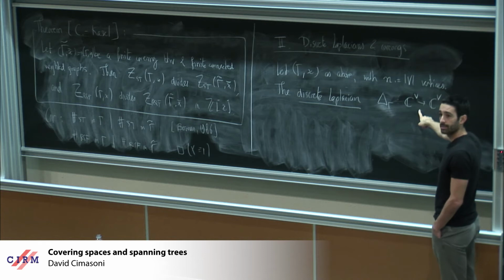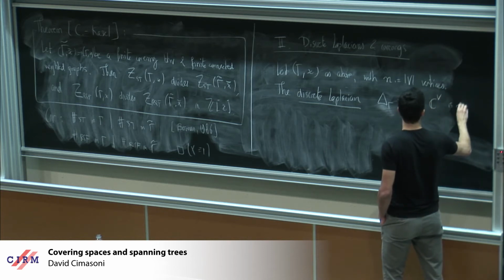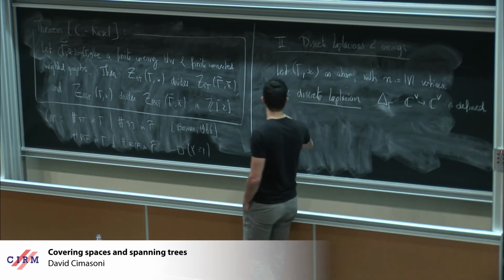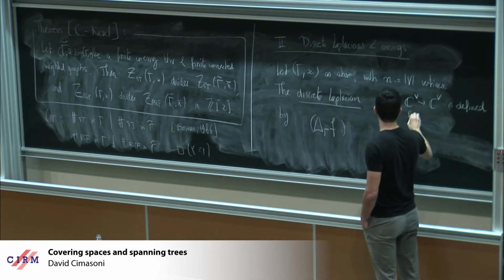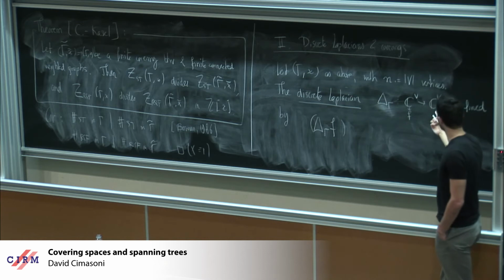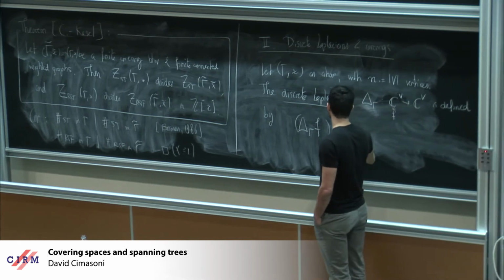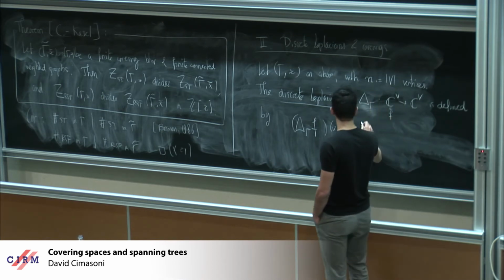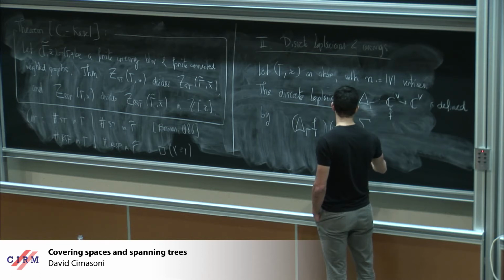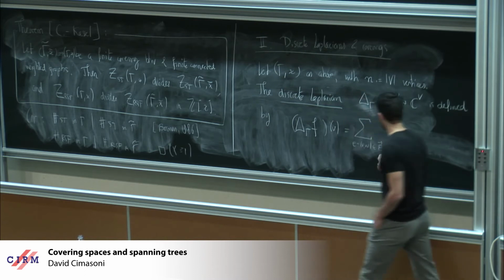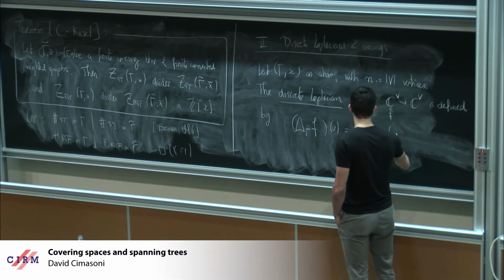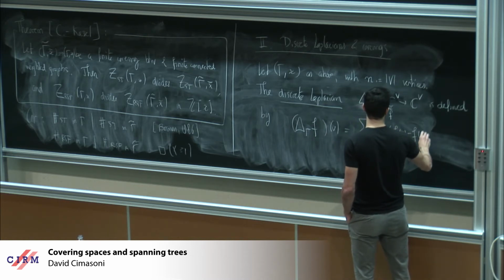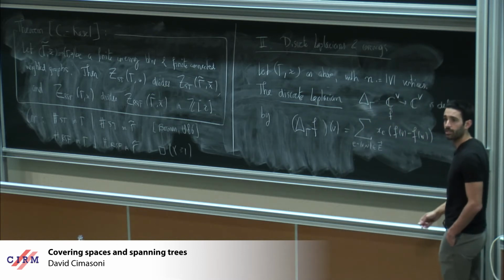It's a map on this space, defined by: I take a function here, and then this defines an element here, so I have to feed it a vertex, and now it needs to give me a complex number, and this complex number is the sum over all oriented edges e starting from V, of x_e times (f(V) minus f(W)). You might have seen this definition already.